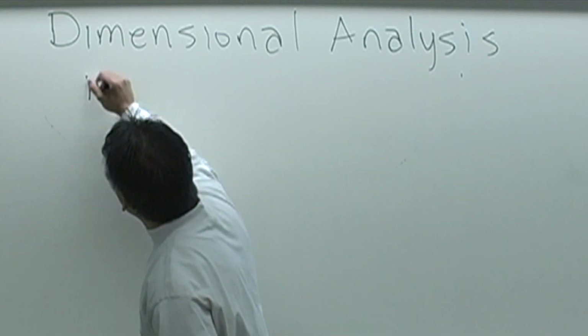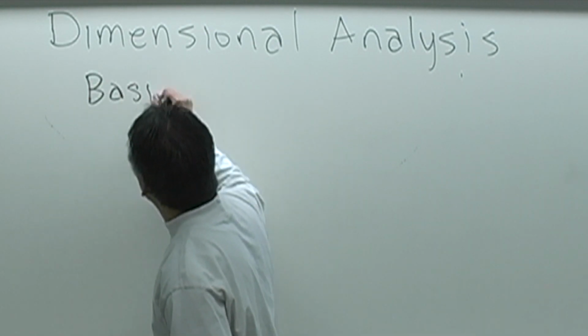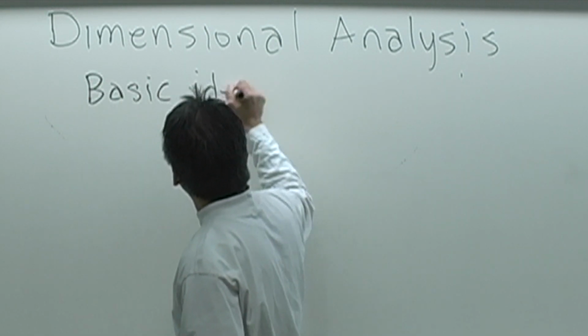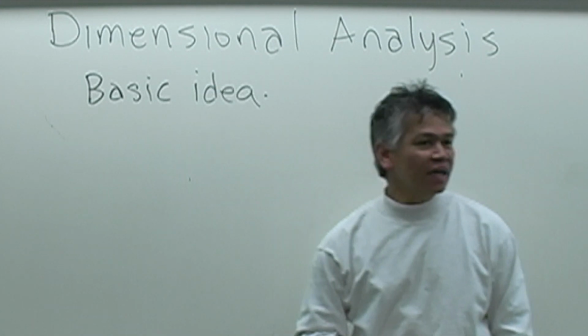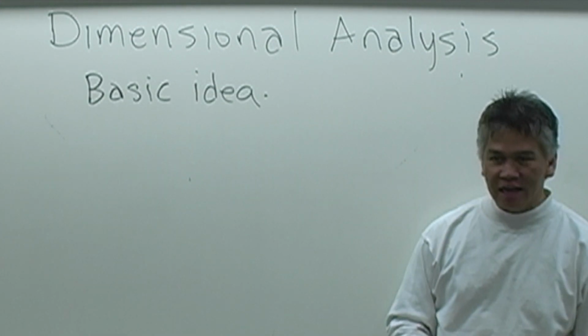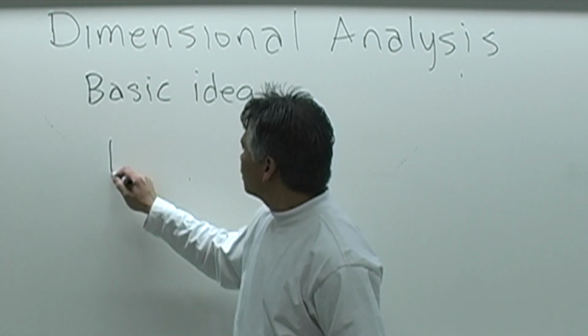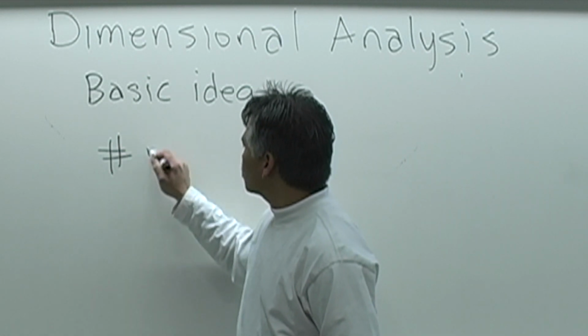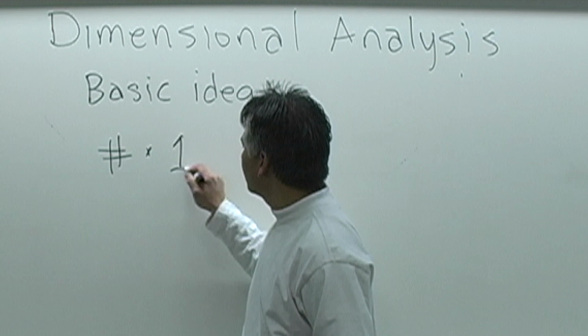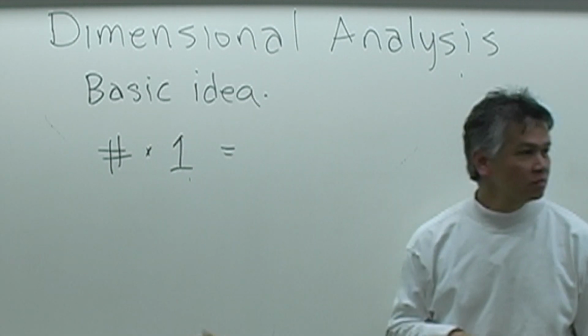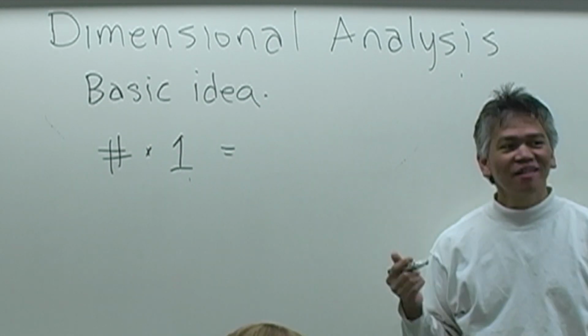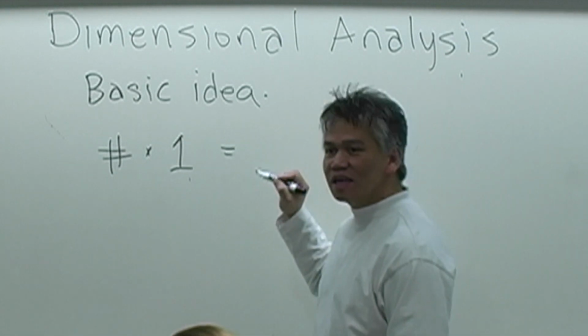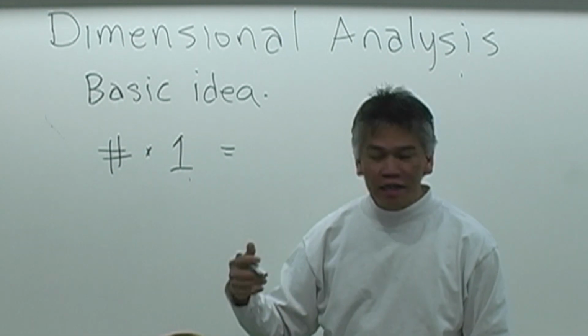The basic idea of dimensional analysis is that if you take a number and you multiply by 1, what's your answer? Not 1, but the number, right? Anything multiplied by 1 is going to be that number.